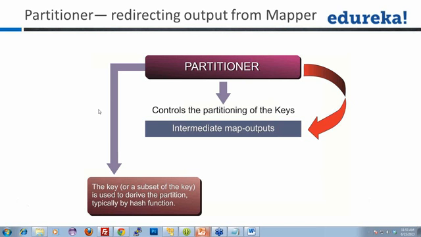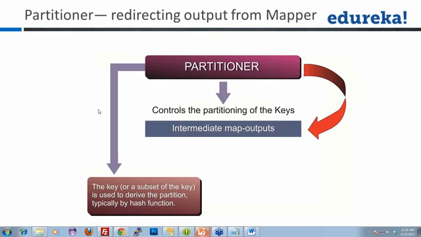If there are multiple reducers running, there's no guarantee on which reducer the different Hadoops will go. So if I know which key I'm interested in, I can use a partitioner to redirect all the mapper outputs to that particular reducer. I'll show it to you with an example that will make it very clear.